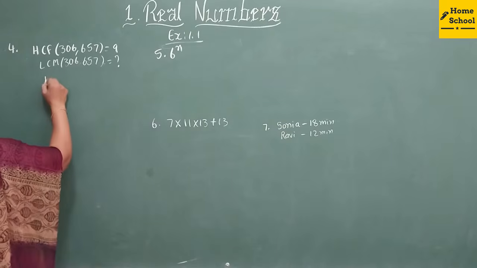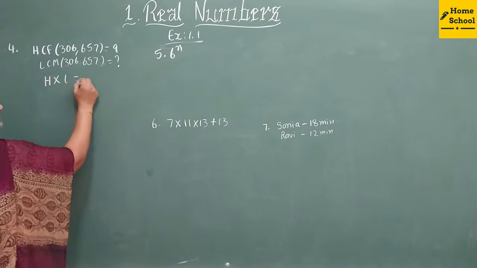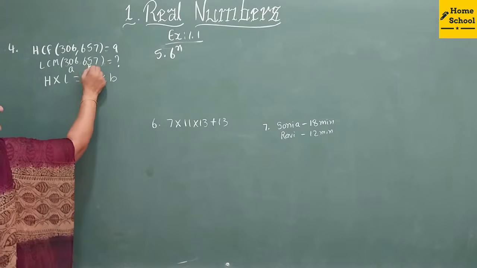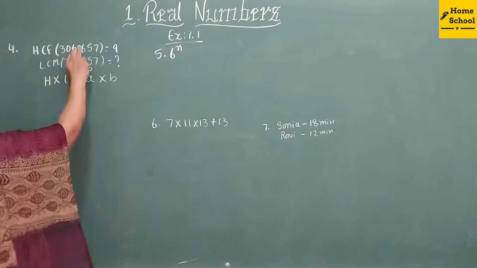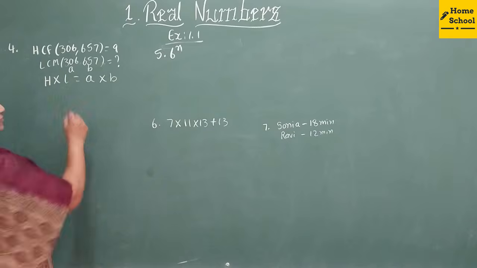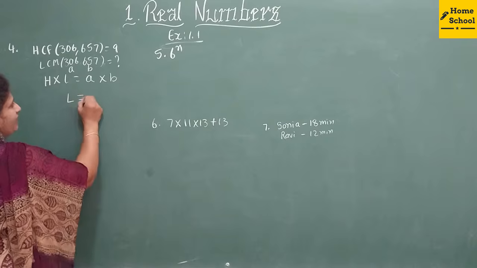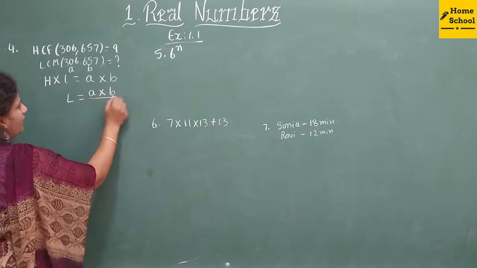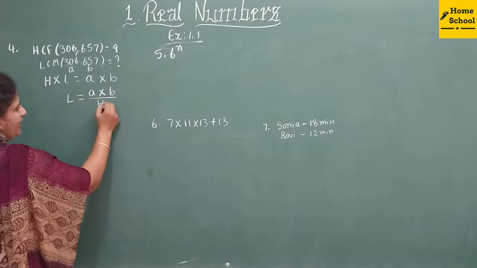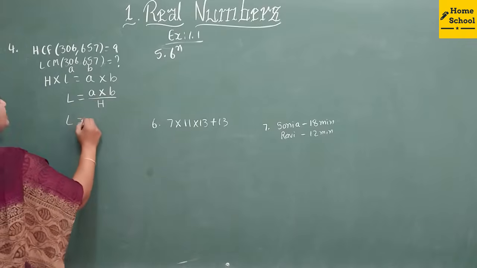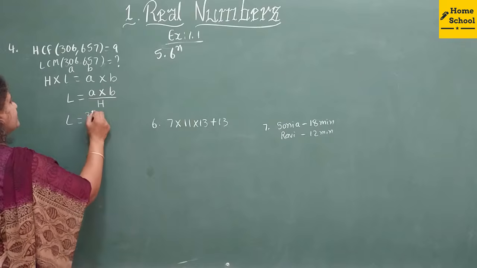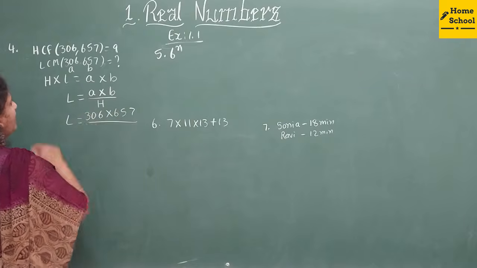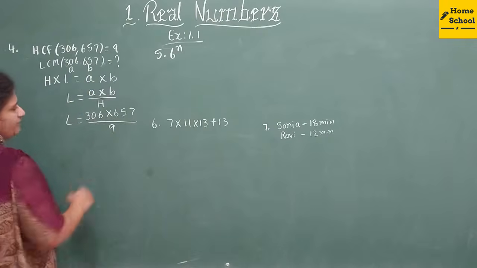So we know the relation H into L is equal to A into B. Let us assume the two numbers as A and B. We know H, we need to find L. So instead of L, we rewrite the formula as L is equal to A into B by H. Substitute L is equal to A into B, that is 306 into 657 by H, the value is 9.